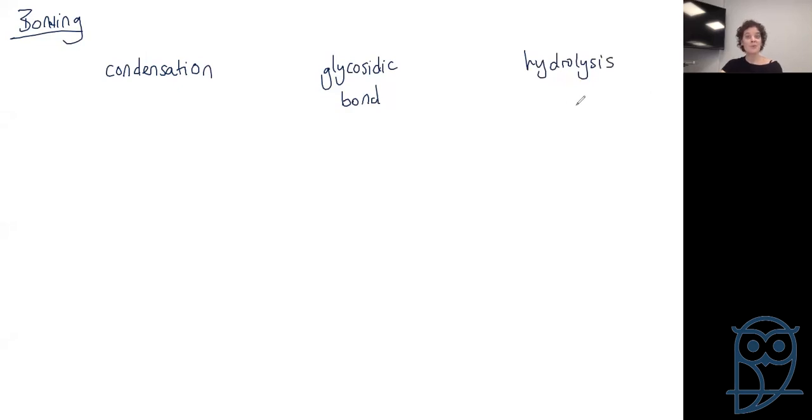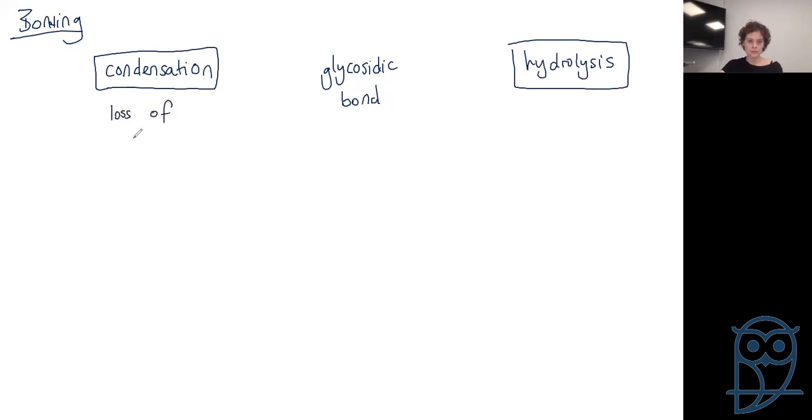Okay, 3 important words. Glycosidic bond is your carbohydrates only, but these other 2, condensation and hydrolysis, are going to come up again and again and again in everything you're going to study. Okay, so condensation is loss of H2O.